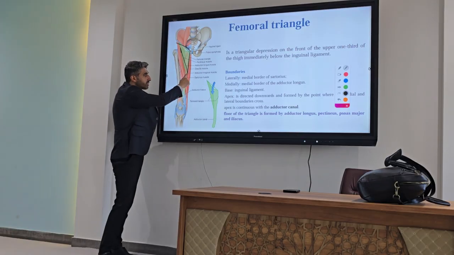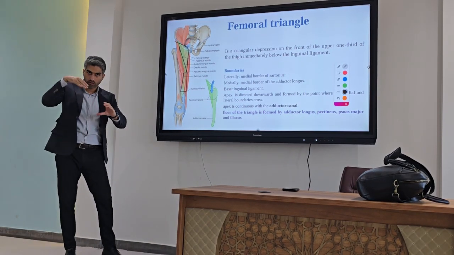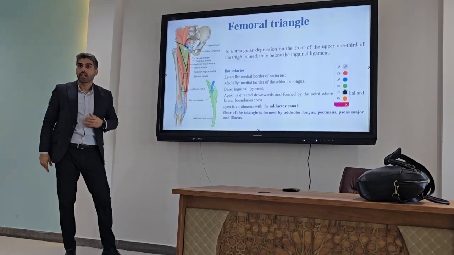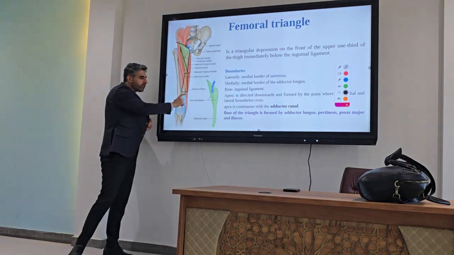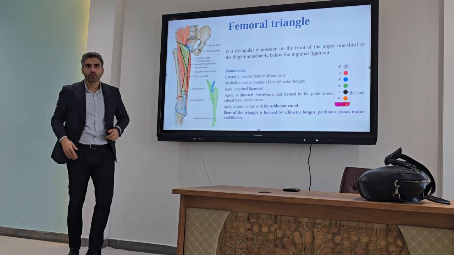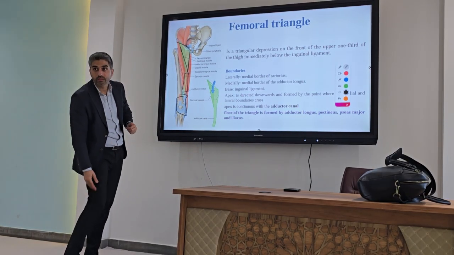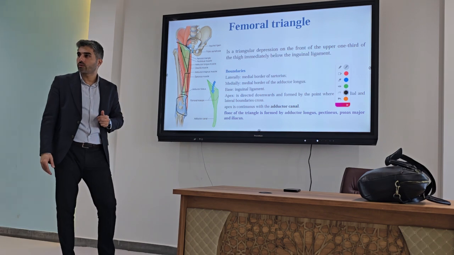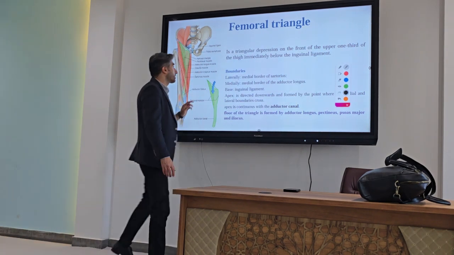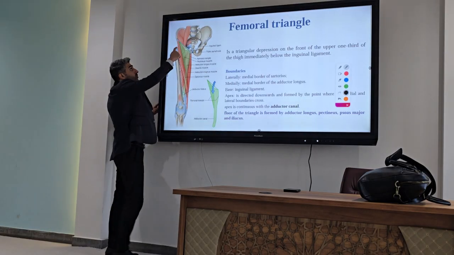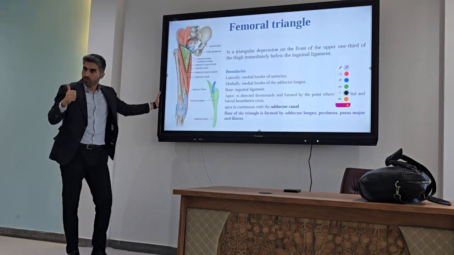In middle 1/3 of the thigh, you have a canal. And in the lower 1/3 of the thigh, you have this fossa in posterior side. Okay? So, what is the name? Upper 1/3, the name of the triangle is femoral triangle.